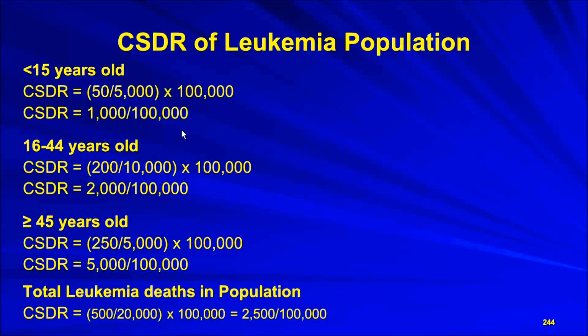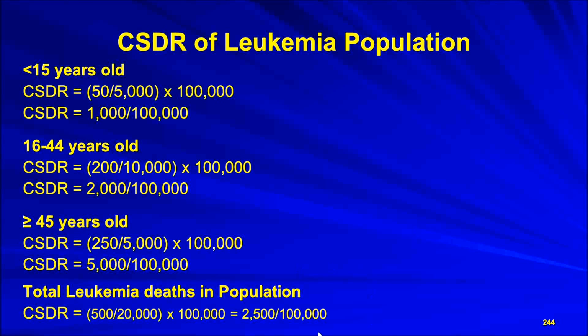And you can see that this runs in a linear fashion. We got 1,000 per 100,000, and 2,000 per 100,000, and we've got 5,000 per 100,000. So, what conclusions would you draw about this?